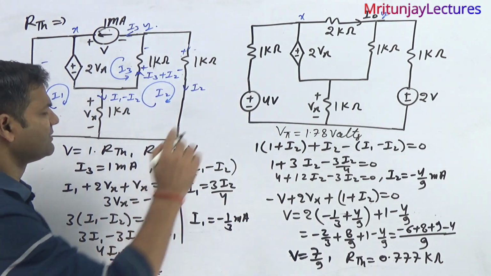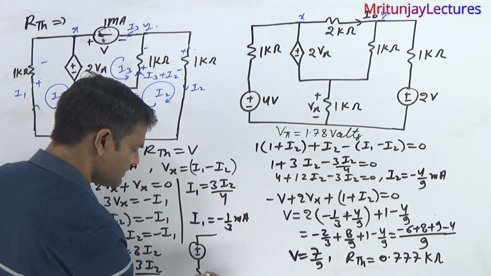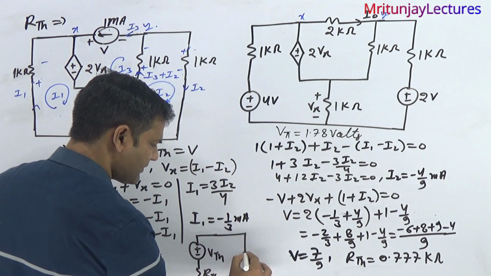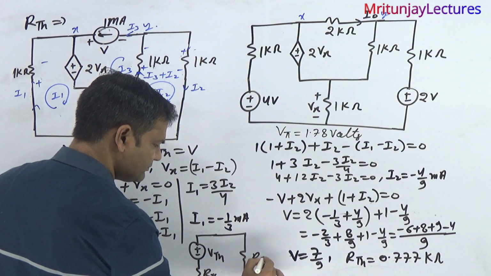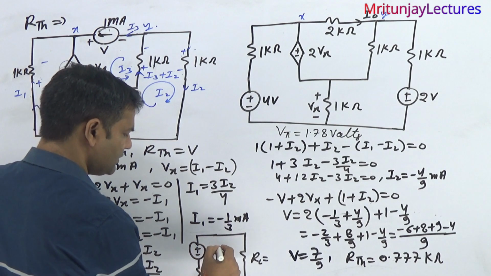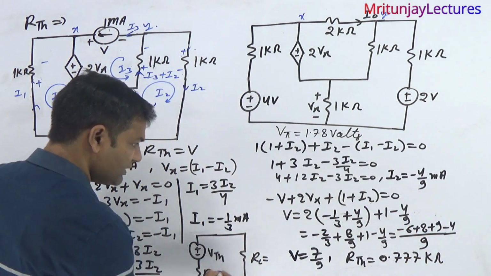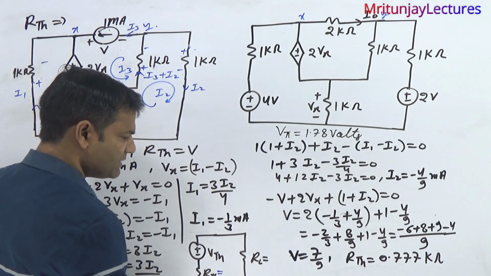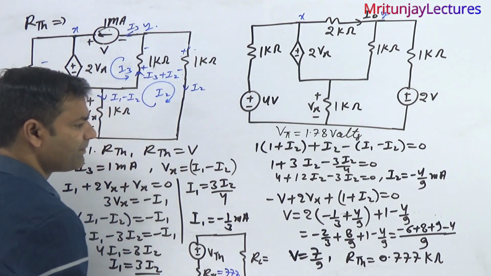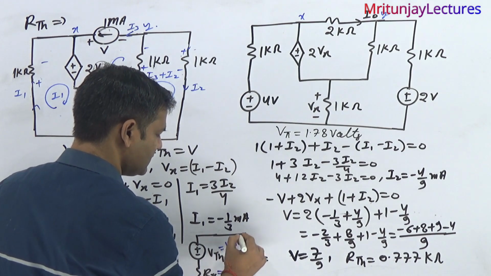Now next target is plus minus VTH, here RTH, here RL. We got this one is 0.777 kilo ohm, or you can say 777 ohm. Okay, and that is 1.78 volt.